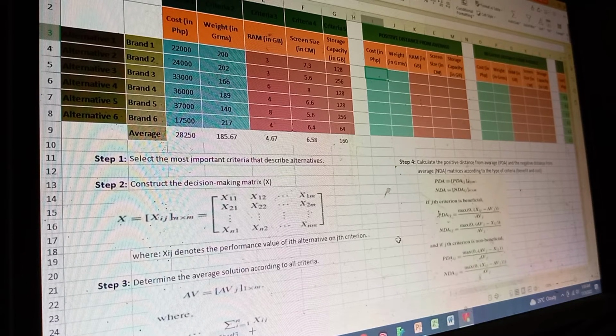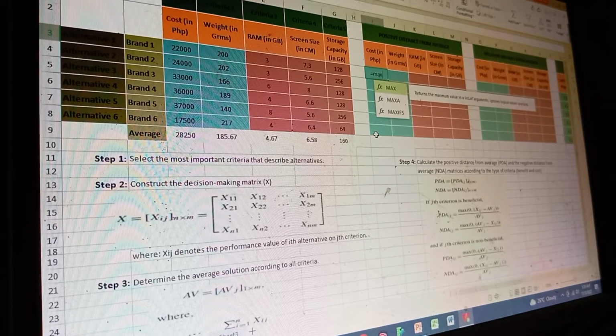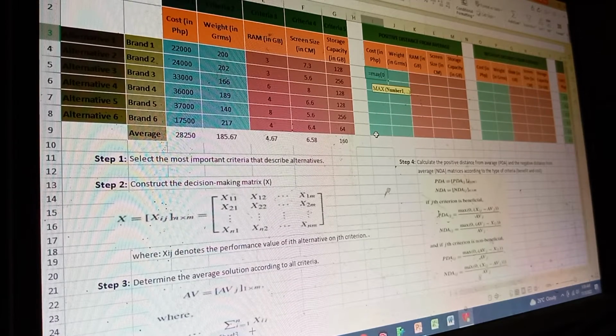According to the formula here, PDA is equal to max(0, C5 - C3), so this one, first brand, minus the average, so click this average.